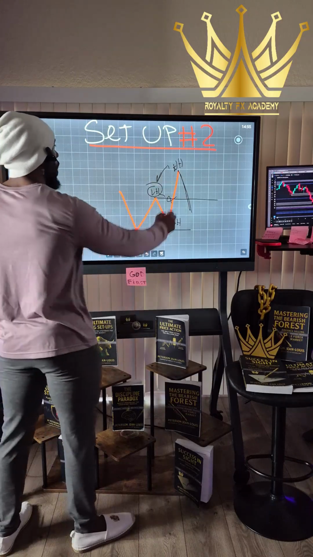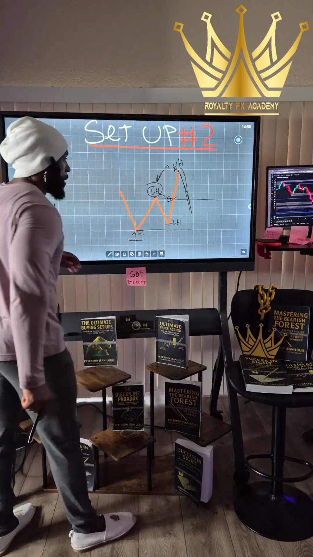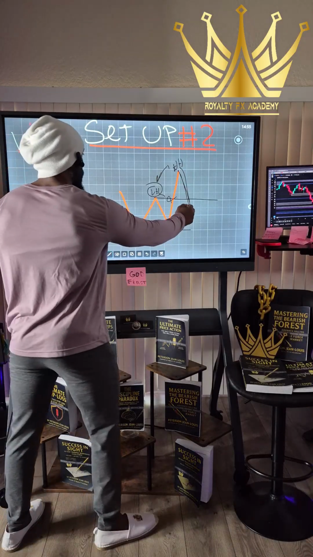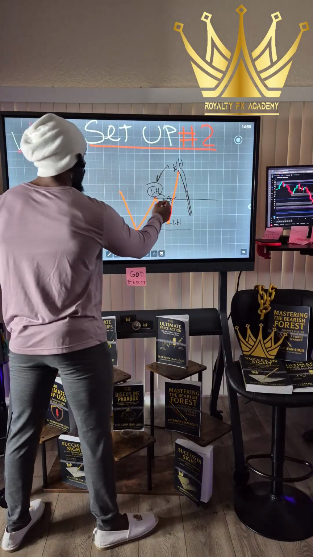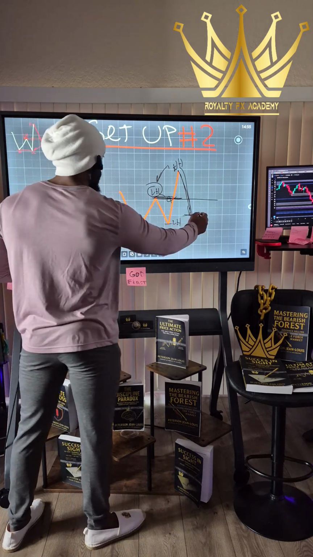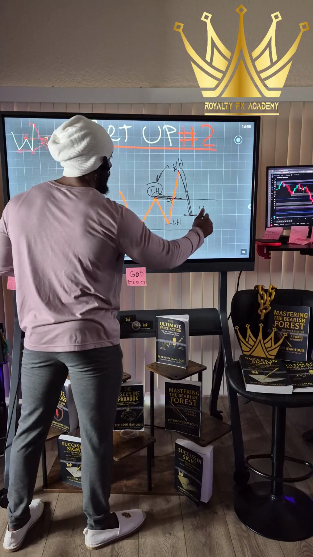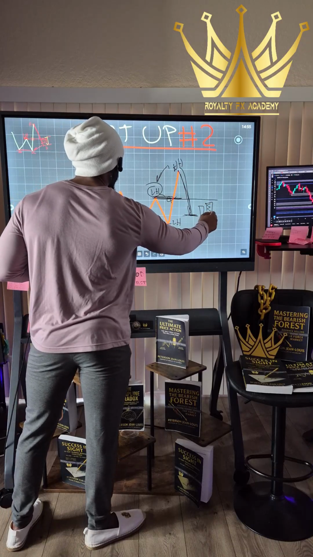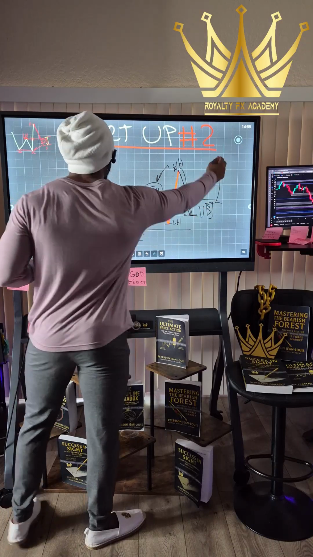We will wait for the market to come back down. Now, in the case of this one, the market drops a little bit lower. So it broke past the previous low high to drop a bit lower. So at any point when the market does give us a bullish engulfing, like so, we will buy it to go up.